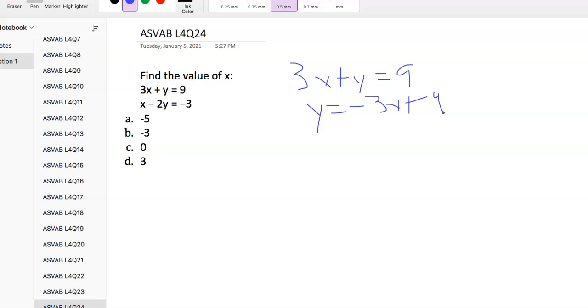Okay, and then if we take that second equation, we can just plug in that y. So then we would have x minus 2 times (-3x plus 9) equals -3, right? That's all I did. I took this second formula and plugged in that.